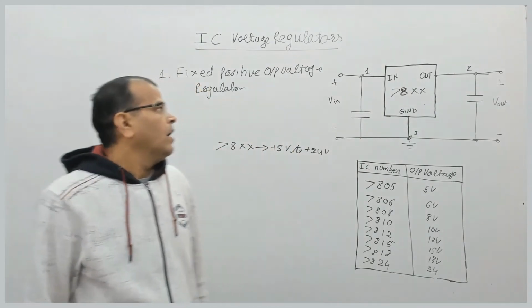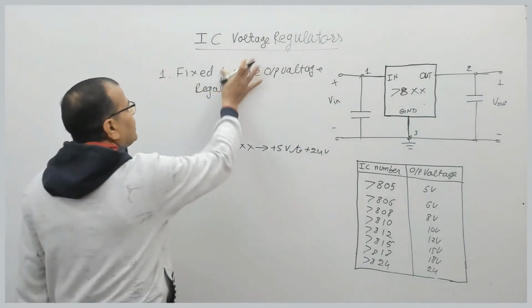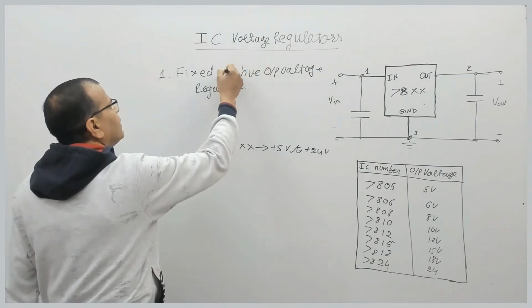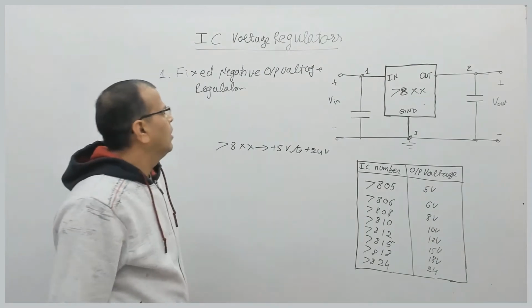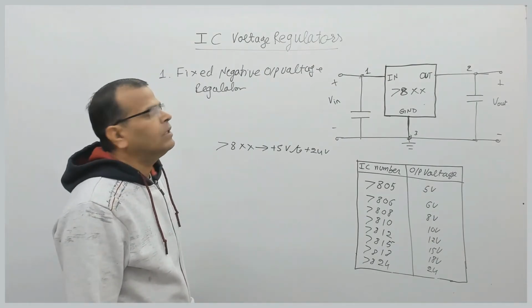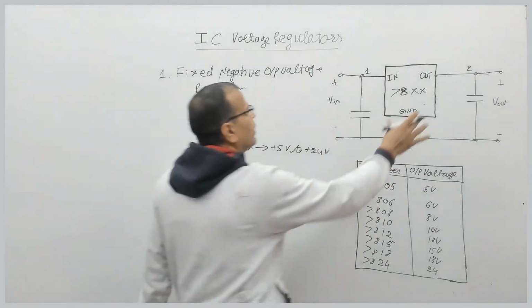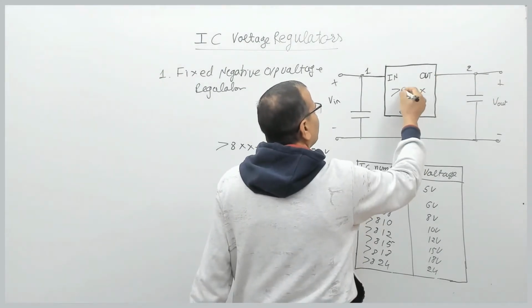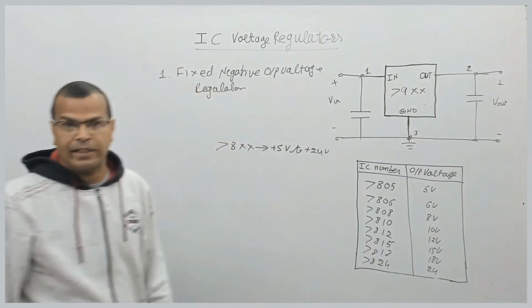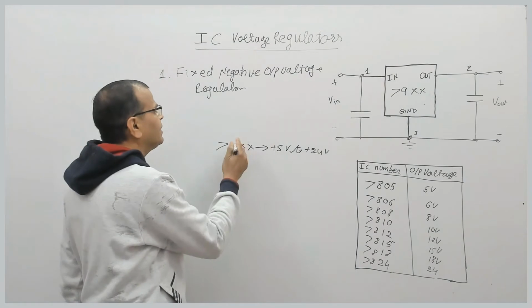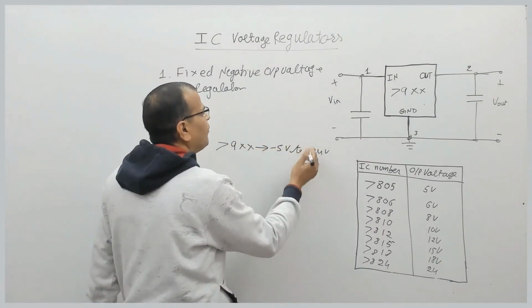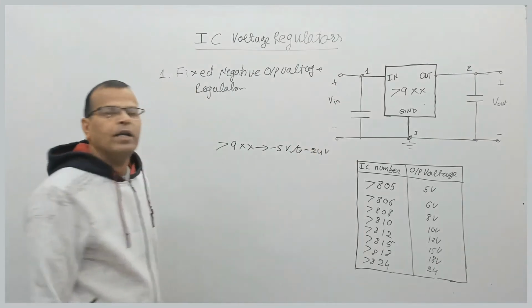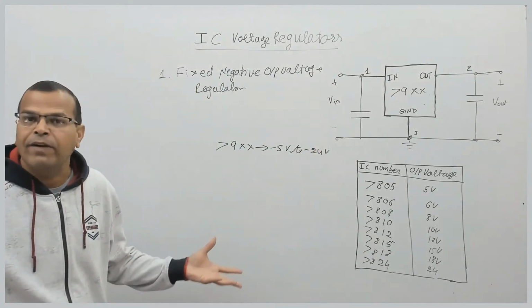Fine. Then we have the fixed negative output voltage regulator. In fixed negative output voltage regulators we have another IC number, which is 79XX. Its output voltage will be negative, varying from minus 5 volt to minus 24 volt, just like 78XX.